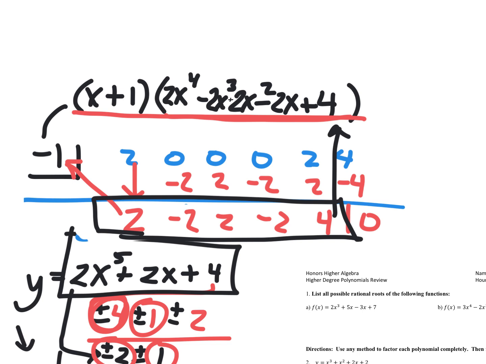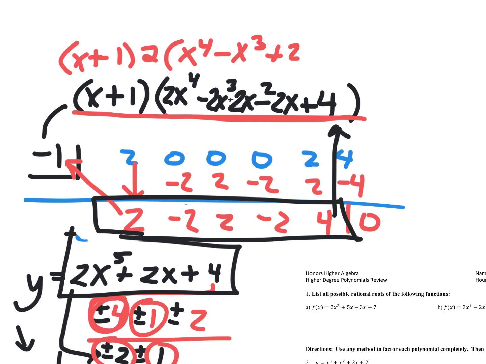Do you want me to tell you what it would be? Yeah. Okay, x plus 1. And then your 2 really should go to the very front of everything, even though some kids would write it here, and I probably would take it. And then you'd have x to the fourth minus x to the third plus 2x.